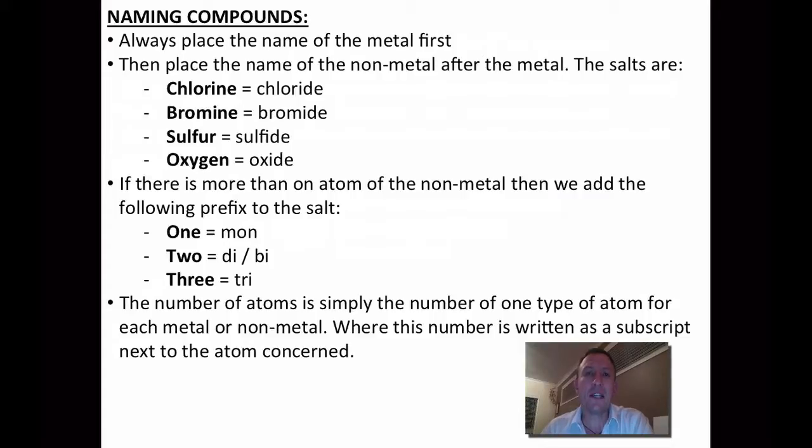Now if we're dealing with more than one atom of the salt, sometimes we have to put the number in the name. If you've got one atom, you put mon alongside it. If you've got two, you get a di or a bi, or if you've got three, you put tri. An example of this is carbon monoxide, which has carbon joined to one oxygen.